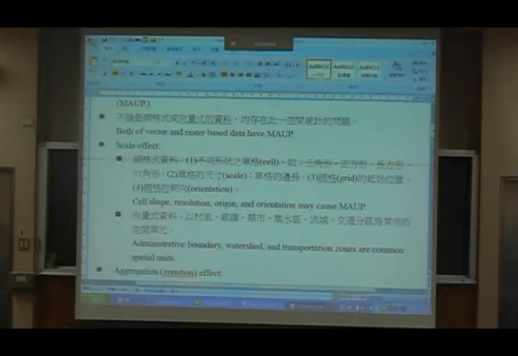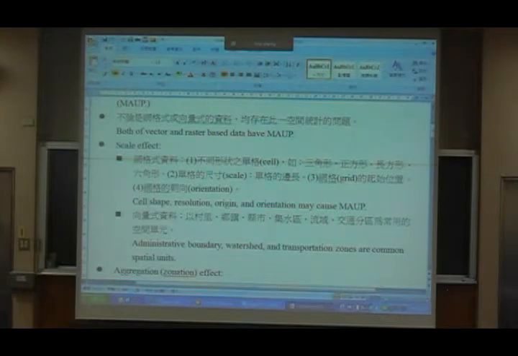You use a different scale and you may get a different answer. The origin position: if you translate or move the origin to different places, the answer could be different.